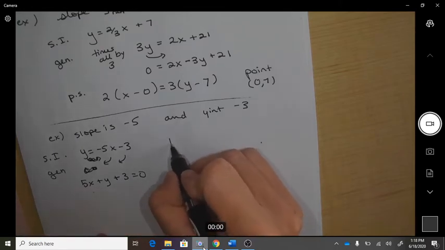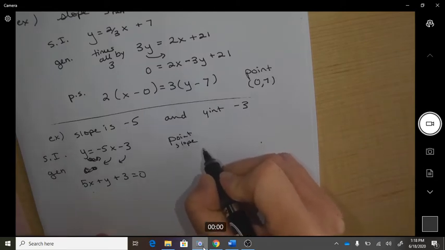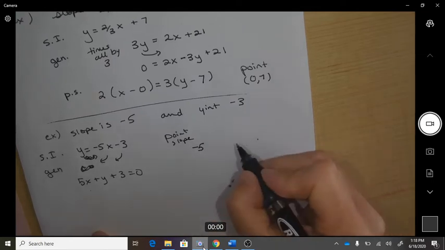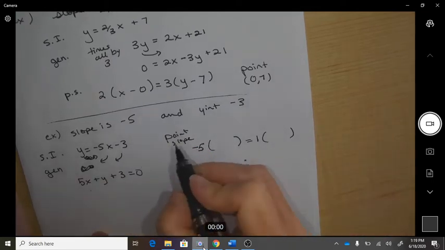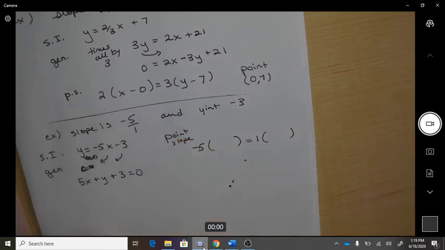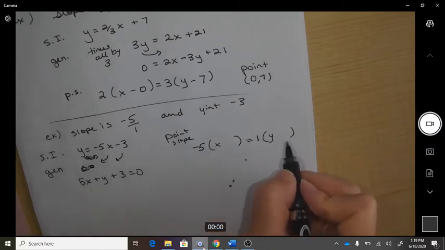And then point slope, my rise, my run, right? Because the slope is -5/1. And that's an x and a y. And I'm going to subtract a point.